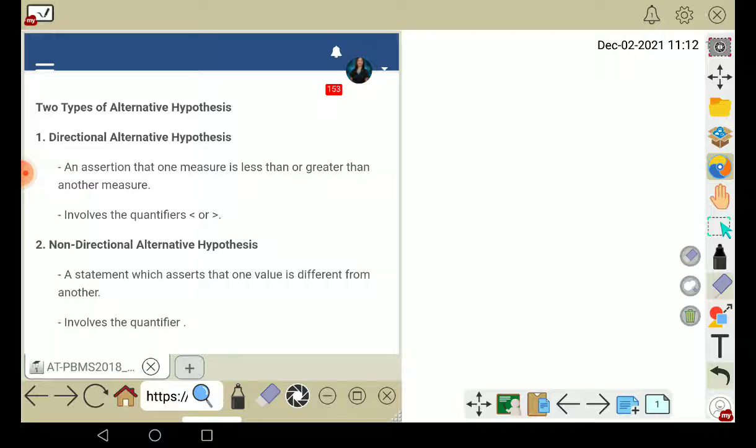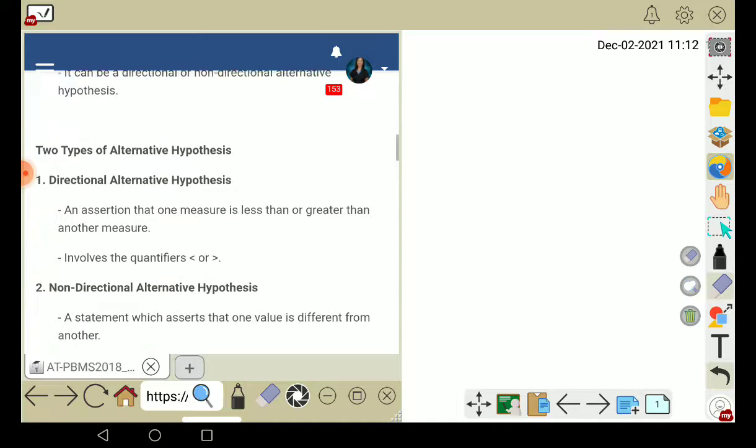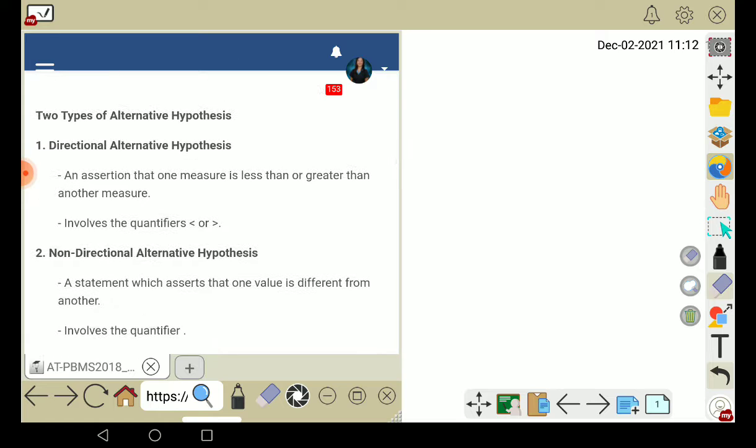What is the difference between the two? When we are doing alternative hypotheses, take note of the terms less than, greater than, not equal to, decrease, increase. Those are the words that indicate an alternative hypothesis.